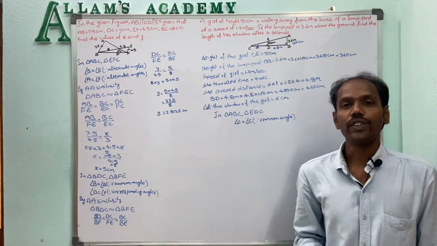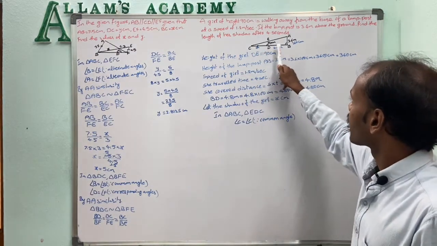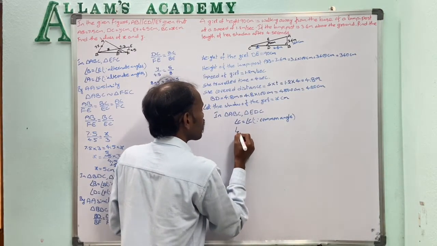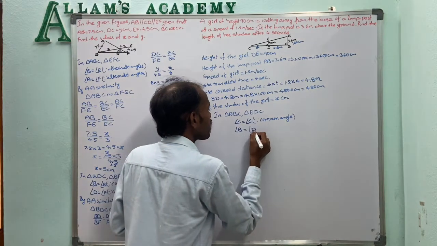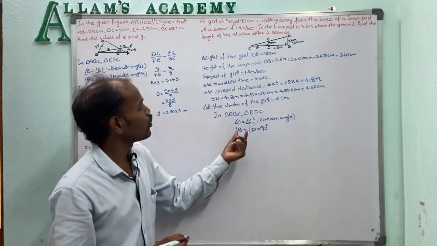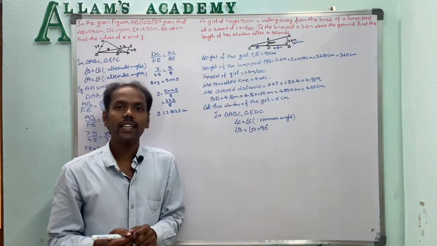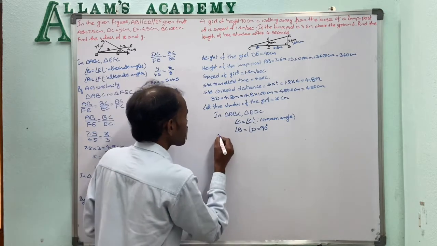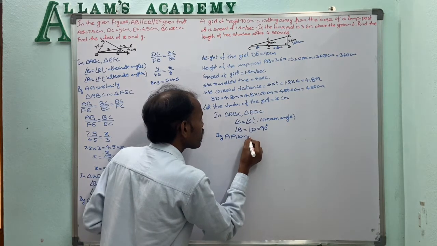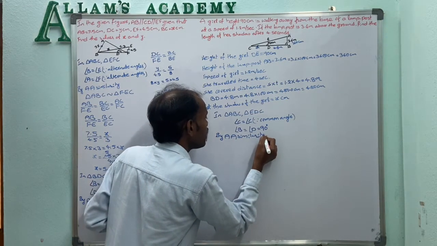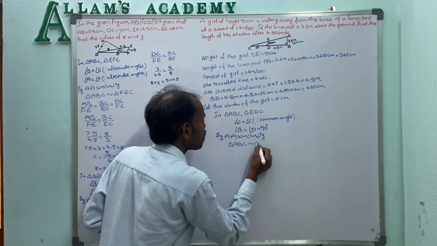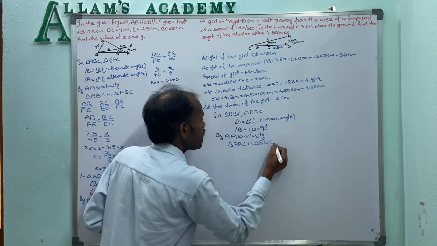That means with the ground they make an angle of 90 degrees. So angle D equal to angle B, that equals 90 degrees. So we observe two corresponding angles are equal. So by AA similarity, we can say that triangle ABC is similar to triangle EDC.